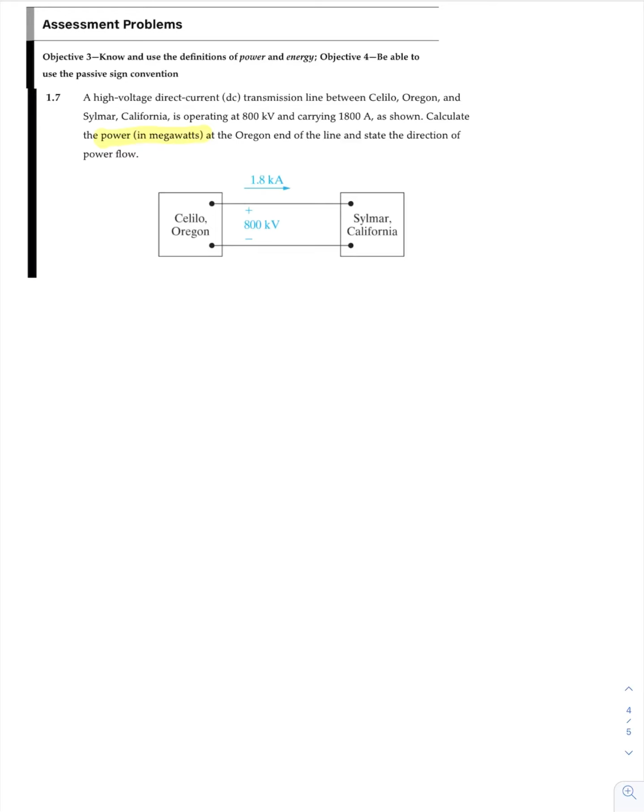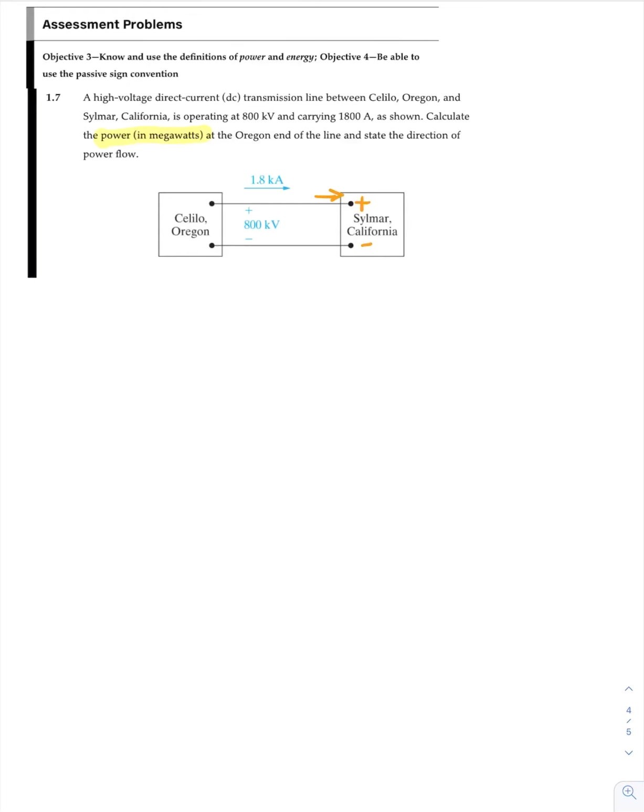They have set up the defined polarity and defined direction of current, and if we apply this to each circuit, our voltage in California would have that polarity, and the direction of current is entering into the positive terminal.